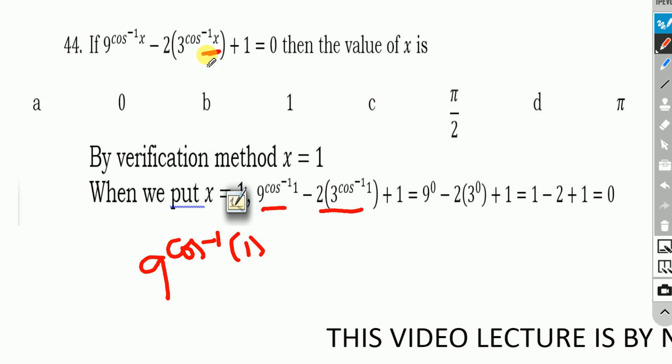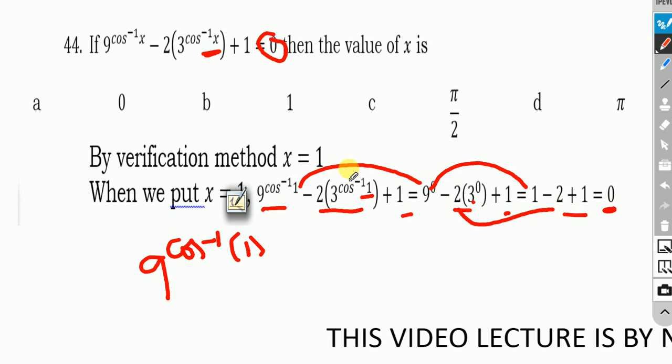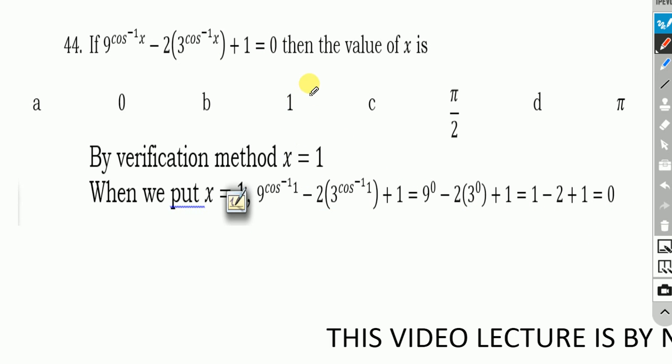Cos inverse of 1 is 0, so that is 9 to the power of 0 minus 2 into 3 to the power of 0 plus 1. 9 to the power of 0 is 1, 3 to the power of 0 is 1, so 2 into 1 is 2. 1 minus 2 plus 1 is equal to 0. So here I have 0 on the right hand side. Therefore for x equal to 1, the given equation holds. So the value of x for which this is true is 1.